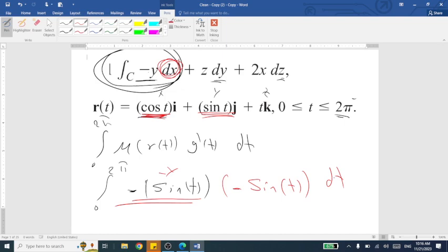Can you do the second part for me? So z is equal to what?